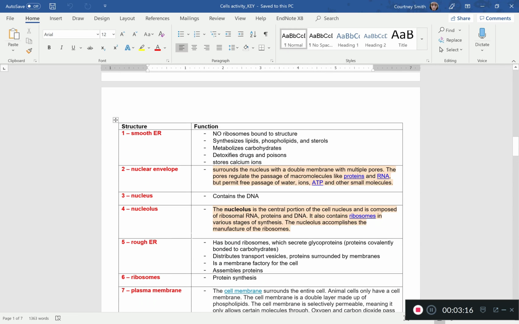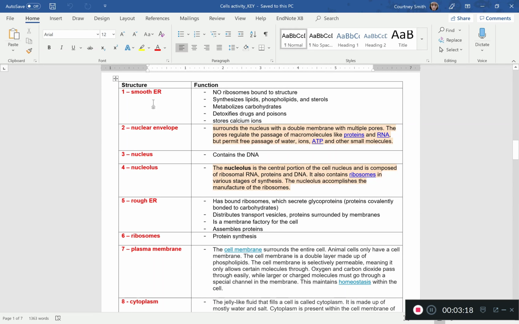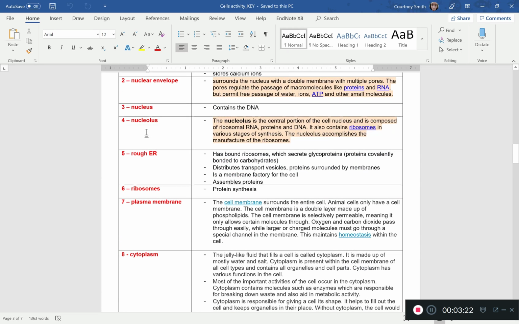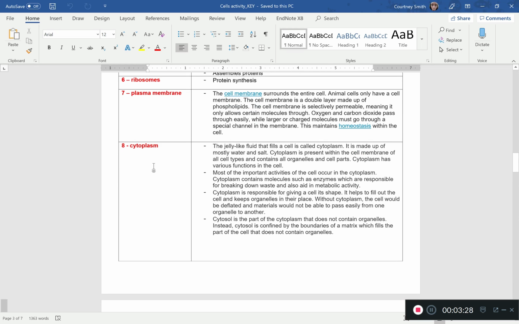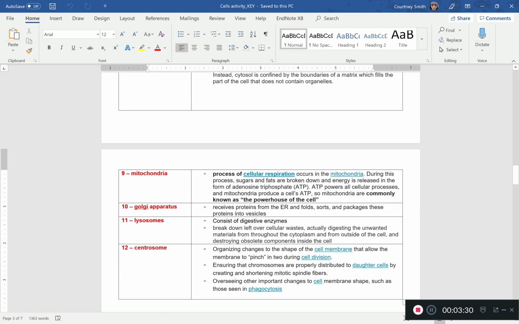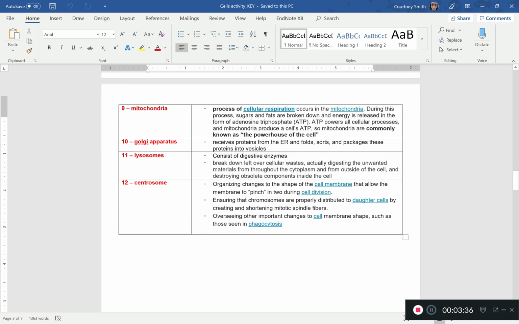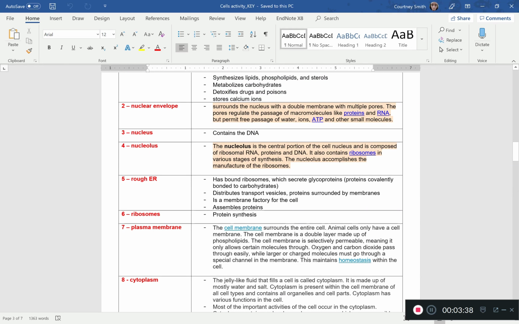So I'm only going to ask you to label the smooth ER, the nuclear envelope, the nucleus, maybe even the nucleolus, the rough ER, the ribosomes, the plasma membrane, cytoplasm, mitochondria, Golgi apparatus, lysosomes, and centrosomes. That's the only thing I'm going to ask you to label in terms of the animal cell.